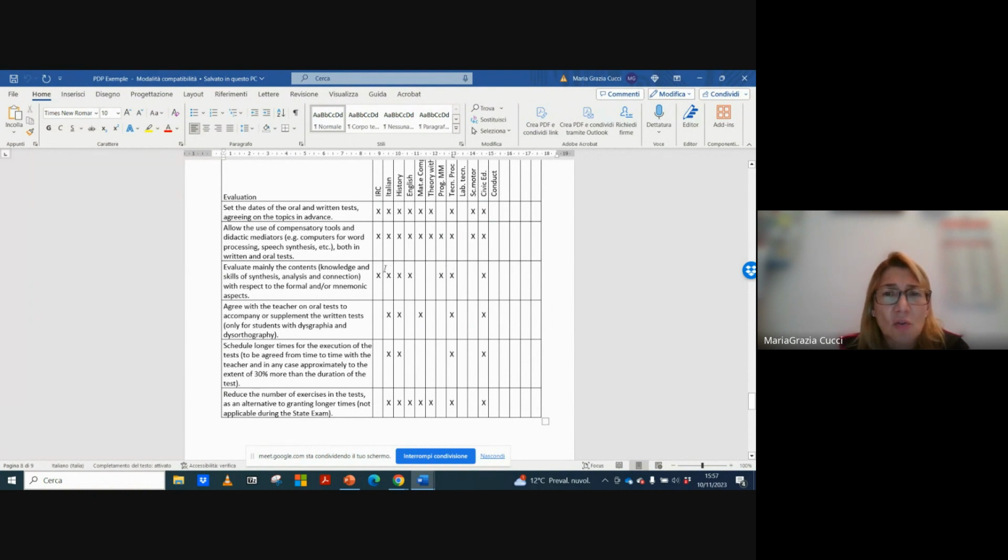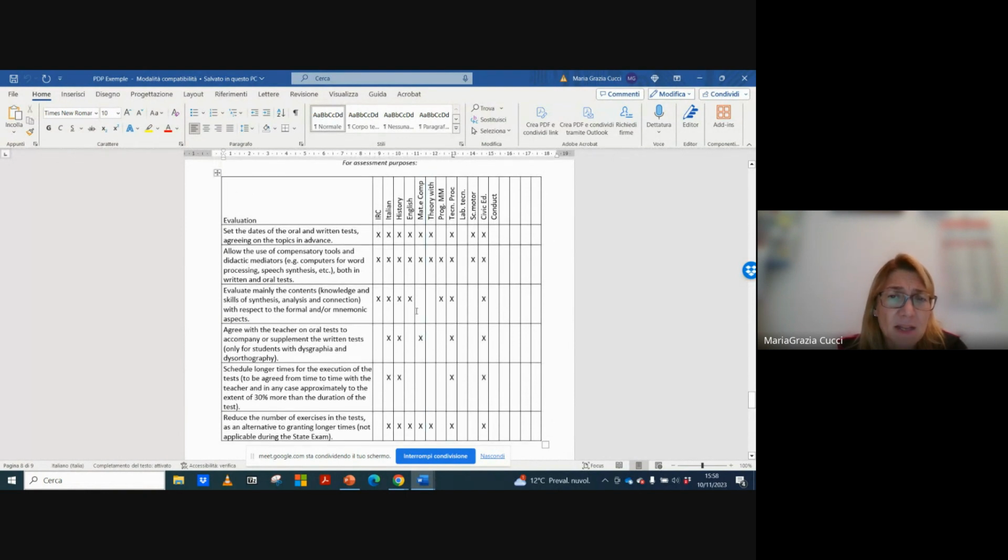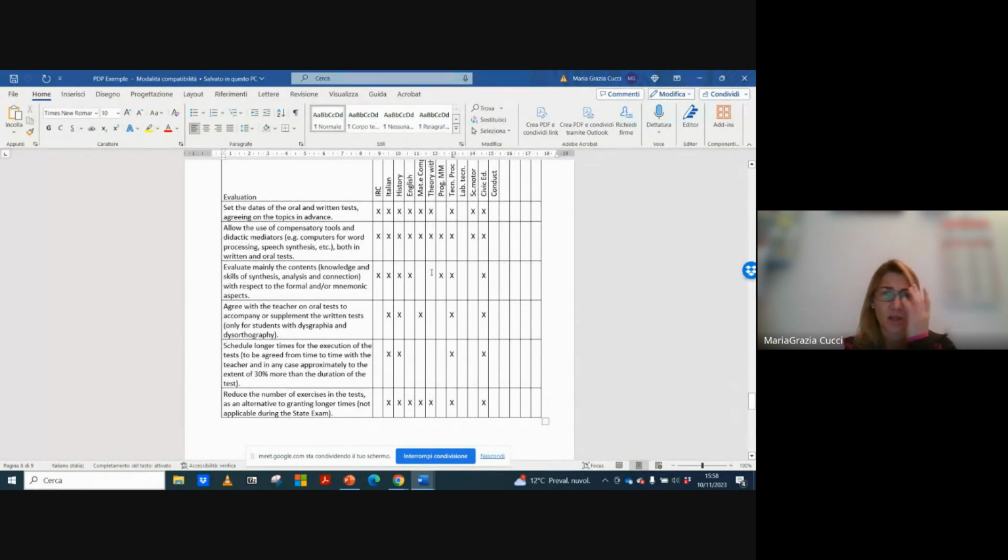So you see that not in all subjects this opportunity is possible. For instance, it is not possible in mathematics and in informatics theory, because in this case you have the necessity to understand whether the student achieved exactly the formal aspect of the skill.